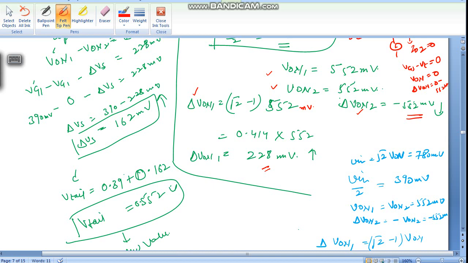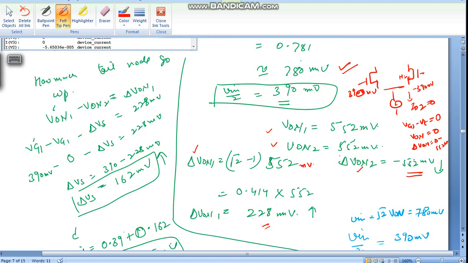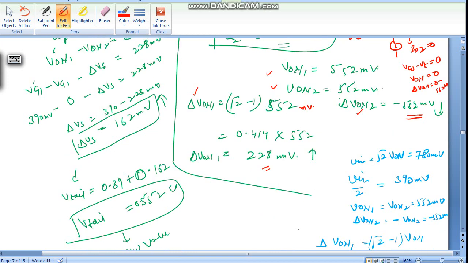Okay, and the other thing is we will calculate the tail node voltage, which will go up. We have already seen this in our videos. Here we find that the tail voltage increased by 162 millivolt. How do we find the tail voltage?